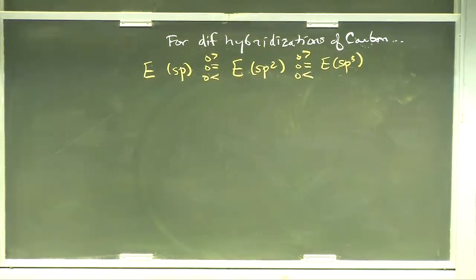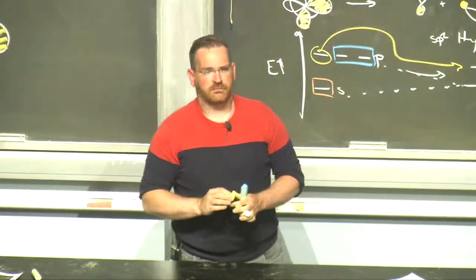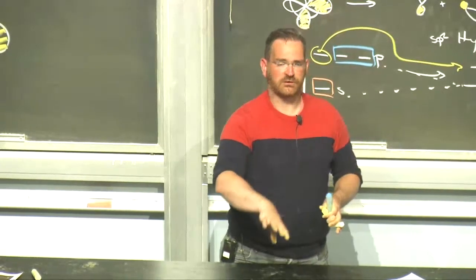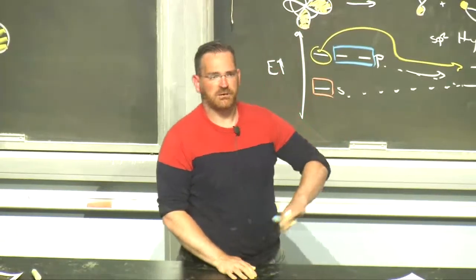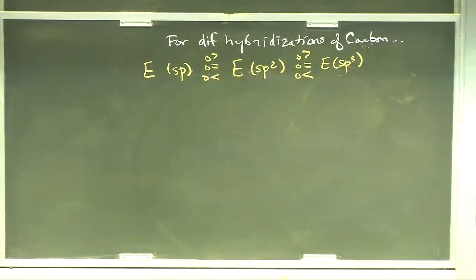Rank those energies all for the same type of atom. The carbon S and P orbitals all started at the same point. You then hybridize them to different amounts. How do those different hybridizations affect the energy? Chat about it.